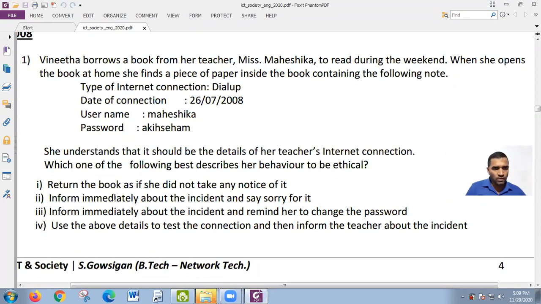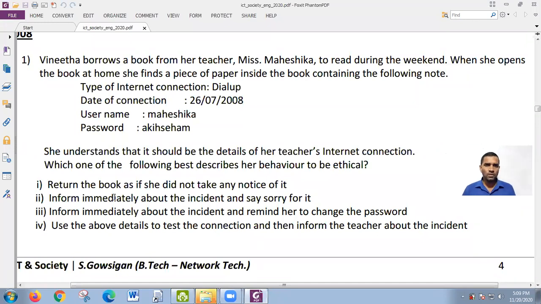Even though Vinitha never uses that username and password on her computer, she has a duty to tell the teacher to change it. It doesn't mean that Vinitha is going to use the login details on her computer. You can't take it like that. But she knows it, she read it, so she has to immediately request the teacher to change the password.